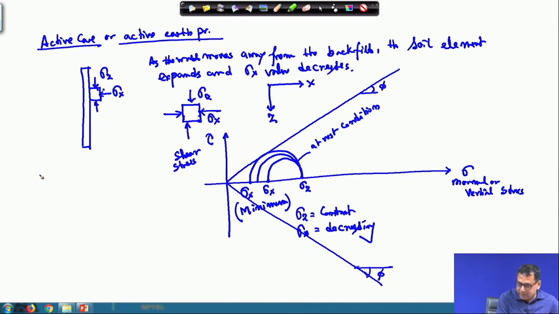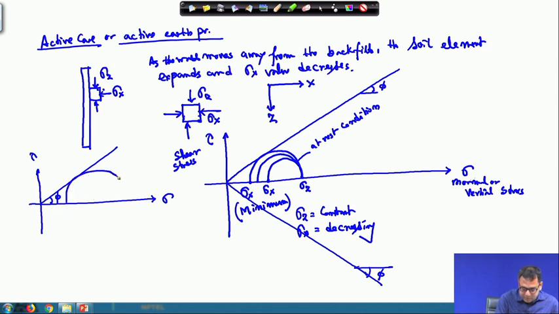So, I can write it this way: this is my sigma, this is the tau, this is the failure envelope phi, and this is the lowest sigma x. So, I am writing sigma 3 and this is sigma 1.